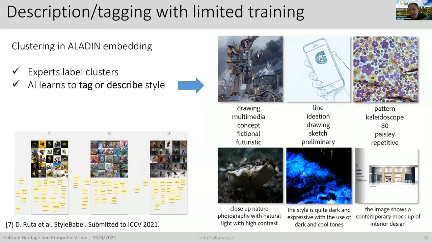And then we train an AI that is able to learn from that annotation, a very small amount of annotation actually, and able to automatically tag artworks according to their style and automatically describe in natural language sentences the style of the artwork. And there are examples here on the right with very little training data. And in fact, we haven't explicitly labeled artwork with these tags.